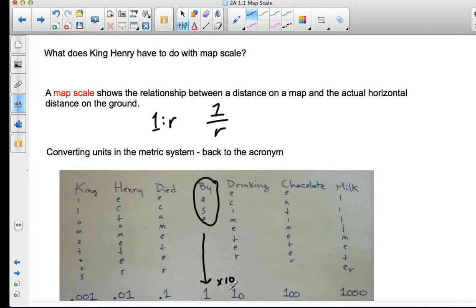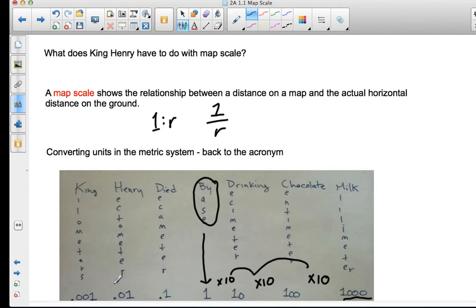To get to 100 centimeters, you multiply by another 10, and then another 10 to get to millimeters. So you end up multiplying to get from meters to millimeters: 1, 2, 3 zeros.